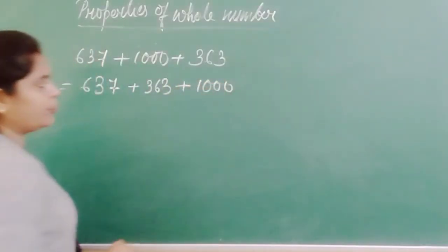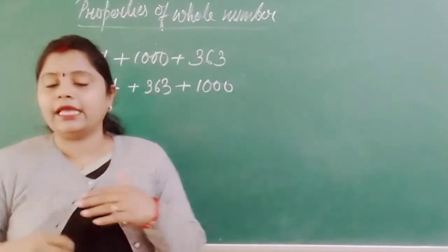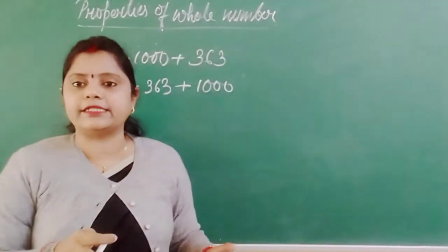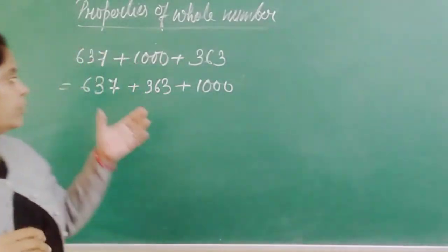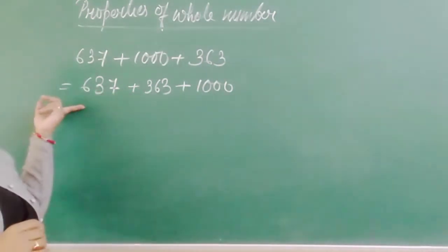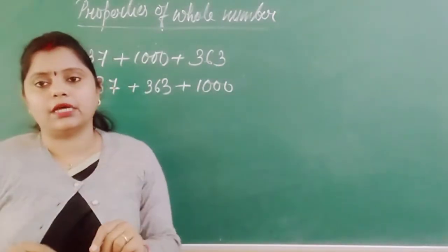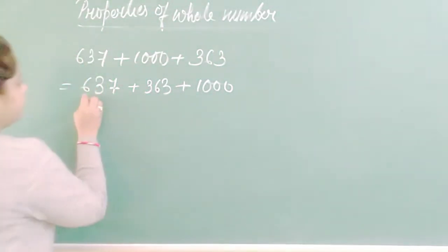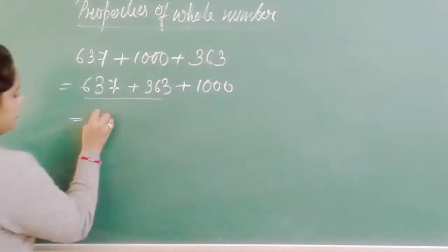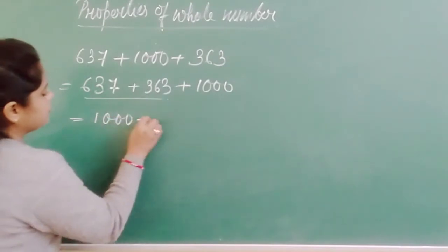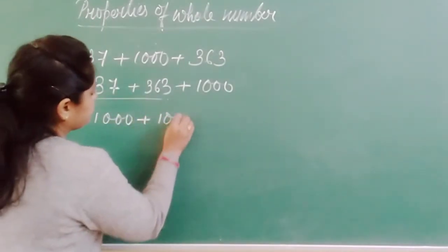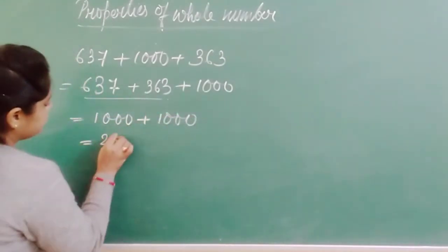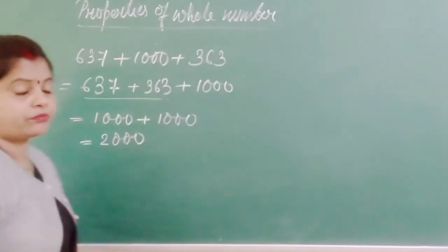I think there will be no problem because we can exchange the places, the answer will remain the same. Why have I done this? Because if we add these two numbers together, we will get 1000 and it will make our work easy. So we will first group these numbers. The answer will come 1000 and this 1000. So your answer is 2000 here.